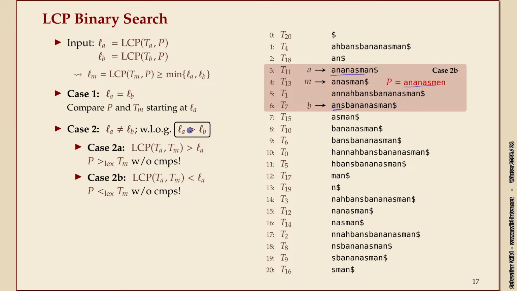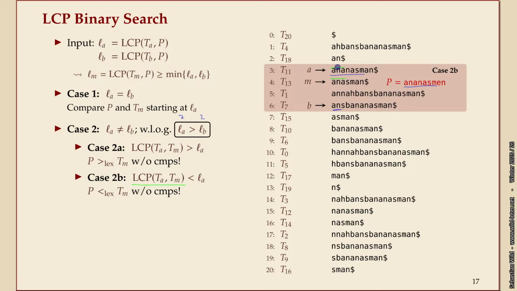So again, we're still in case 2, where LA is bigger than LB. This is something like 7, this is 2. But then we also have the longest common prefix between A and M, which is the... And in this case, the green part is shorter than the blue part.